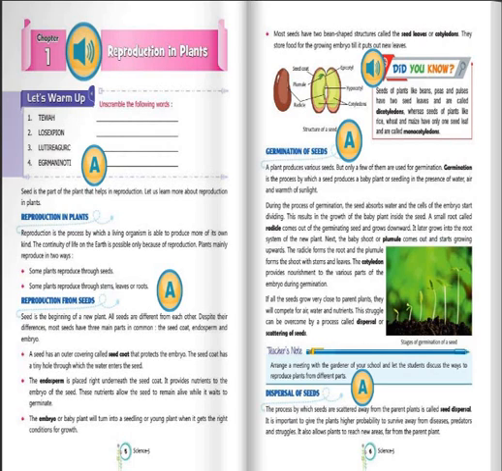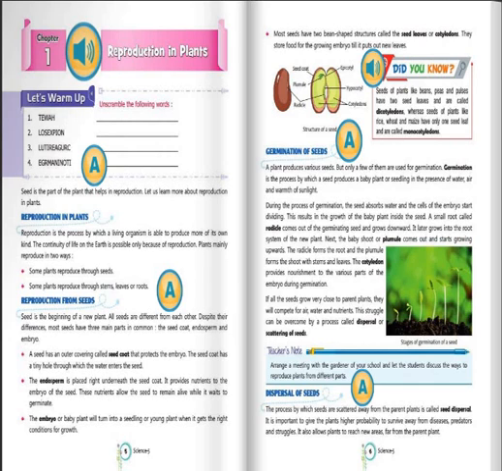During the process of germination, the seeds absorb water from the tiny holes present in the seed coat, and cells of the embryo start dividing. This results in the growth of the baby plant inside the seed.